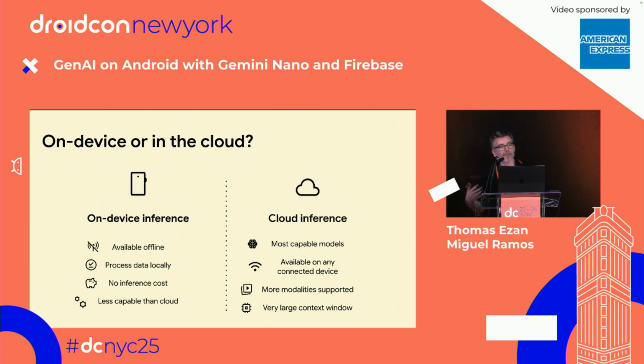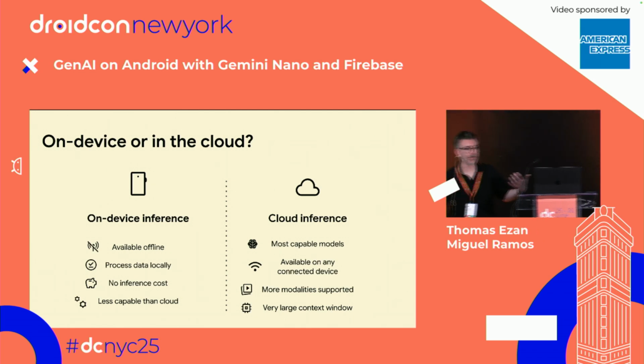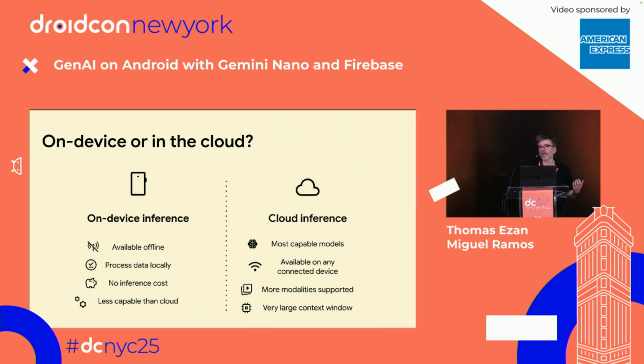So it's a very good scenario for on-device, and also you can process the information offline. Another thing is when you are running the model and inference on device, the data is always there. It never goes out from this device. Another thing is you don't pay for the inference, but you are using much less capable devices.